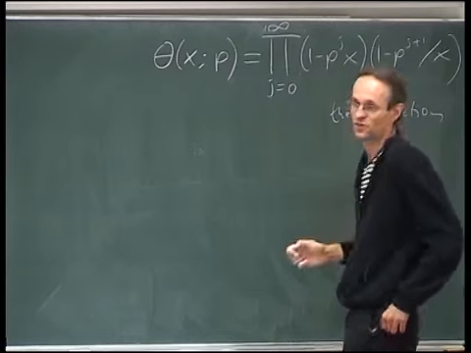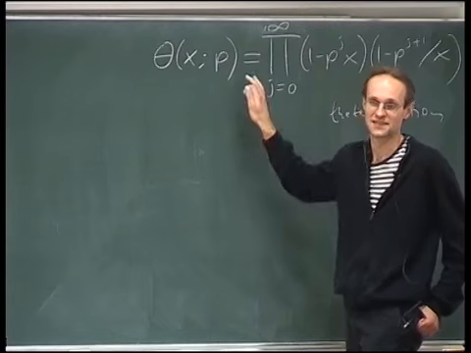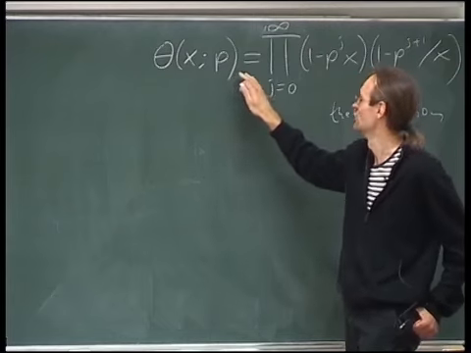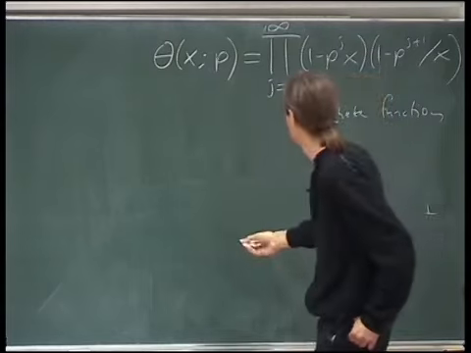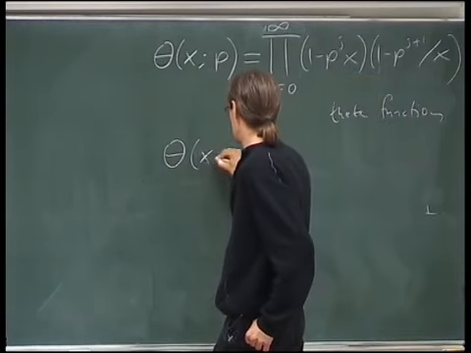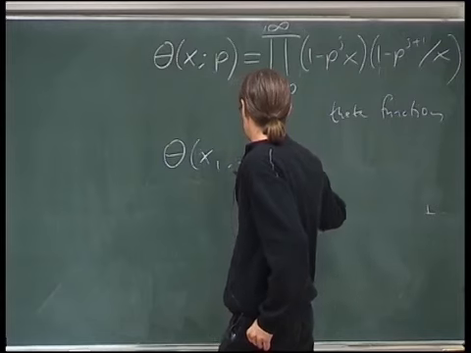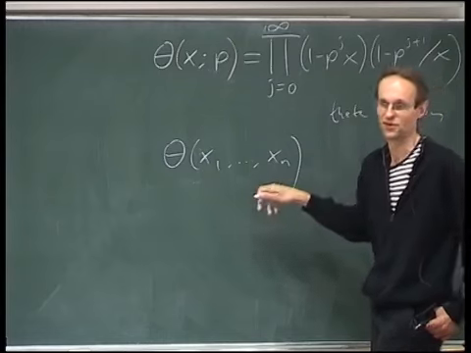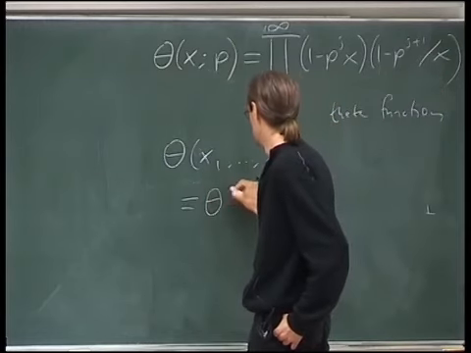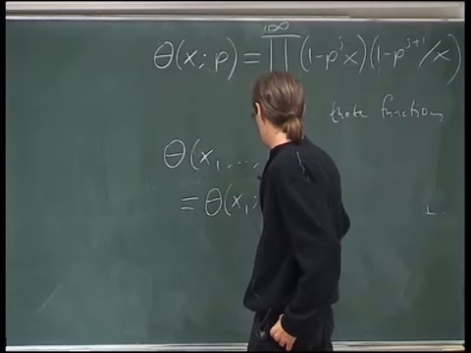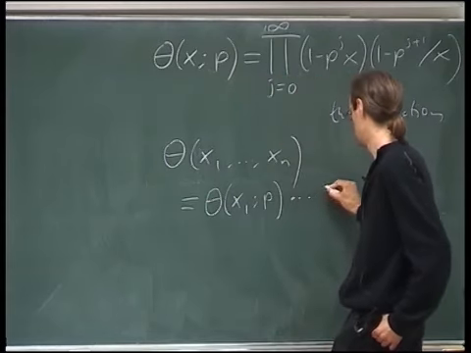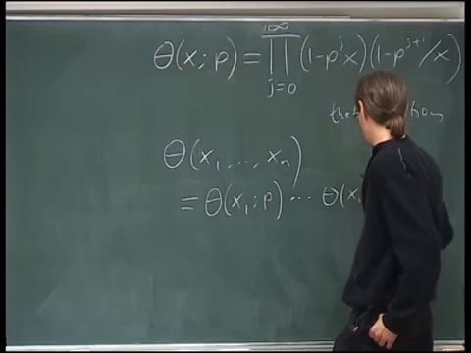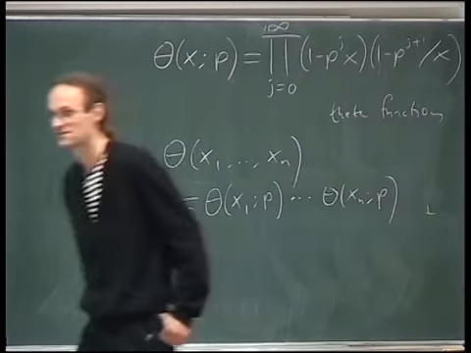And also quite often I will think of P as fixed and just not write down P all the time. And I will probably use this kind of condensed notation. So if I write theta with many arguments, I just mean a product of theta functions.